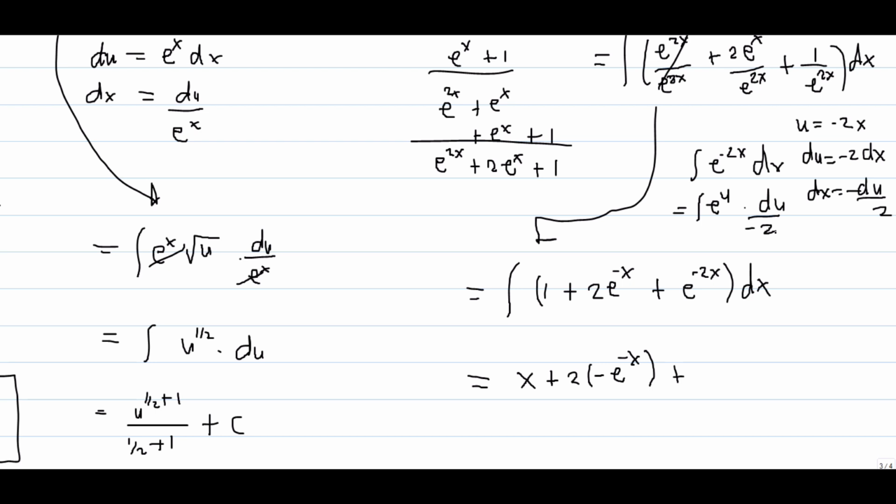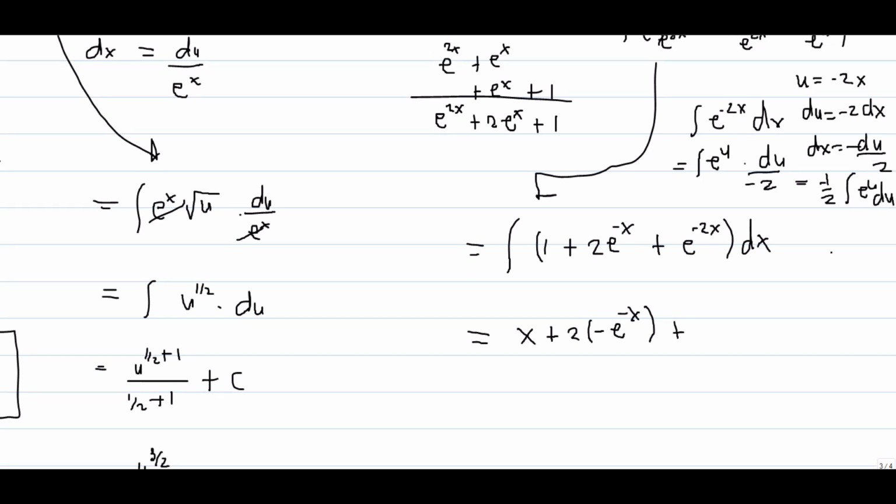So again, dx is equal to negative du over 2. So we have negative 1/2 integral of e to the power u du. So that is equal to negative 1/2 e to the power u, then plus c.